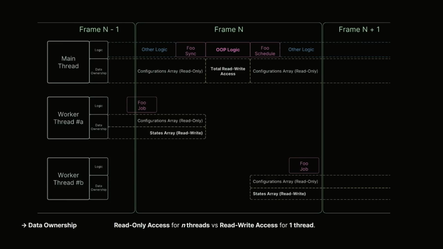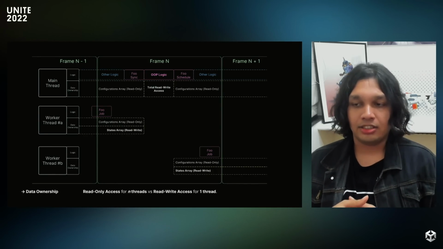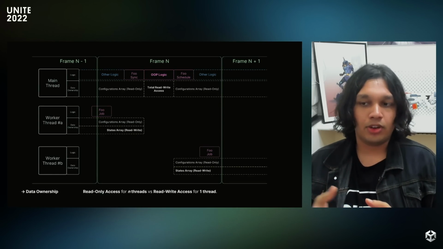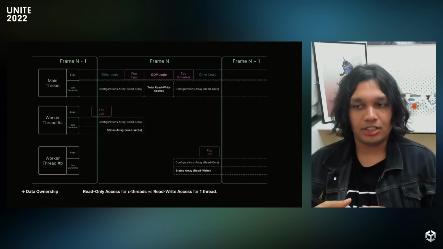And this is something where native collections come in really handy, because they throw an exception when you try to access data in an unsafe manner. And one more thing you can see here is that because for the majority of the frame, the system only has read-only access to the configurations array, how exactly would something like registering work, right?